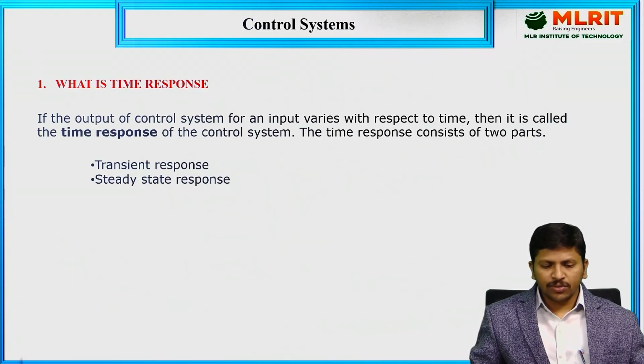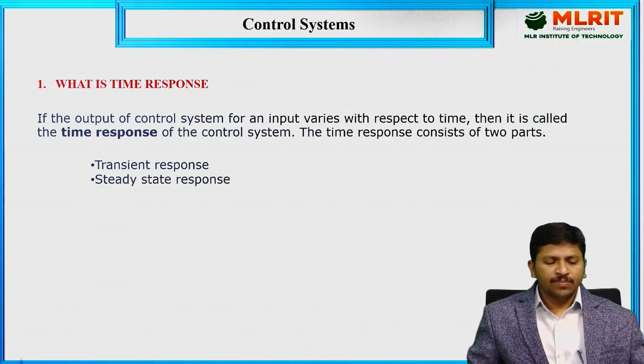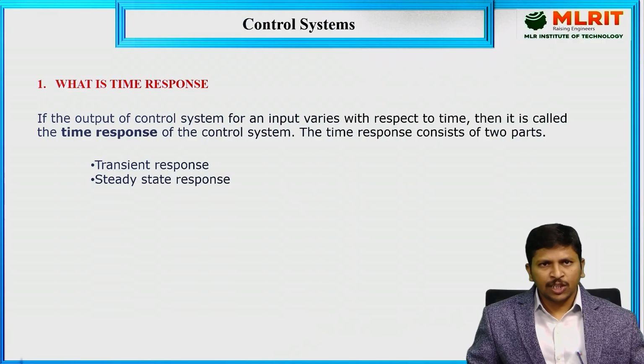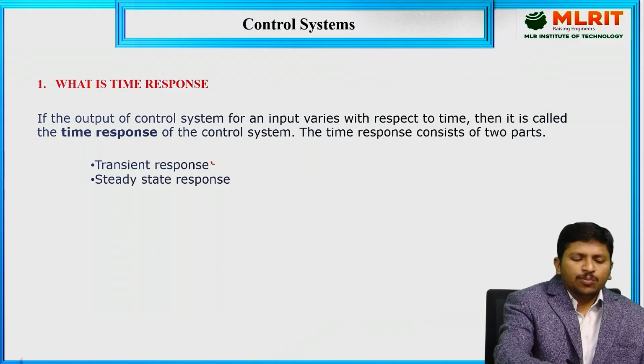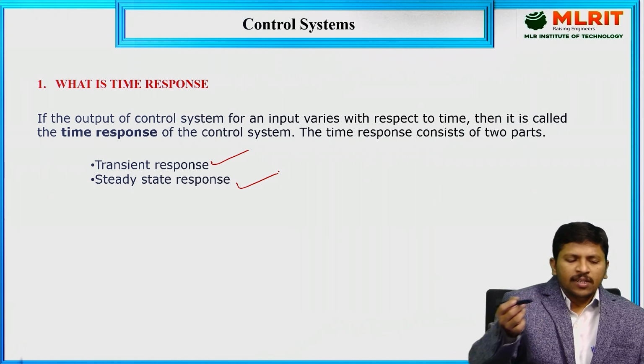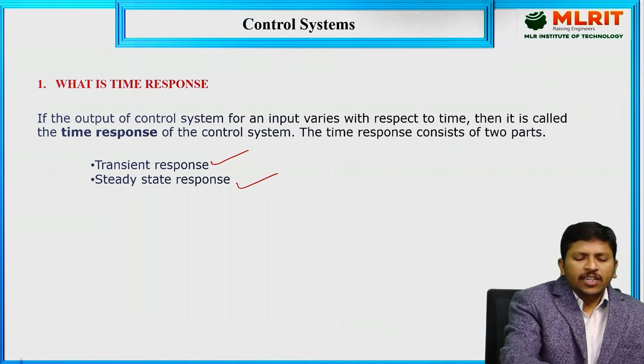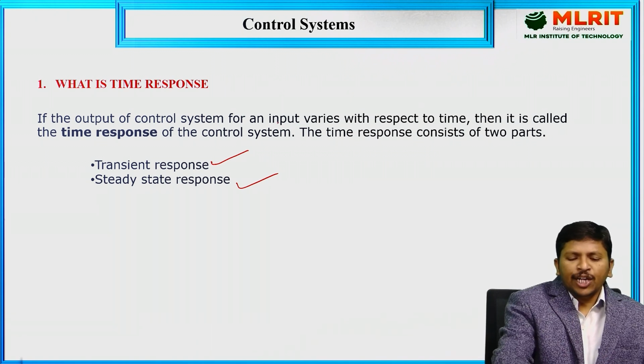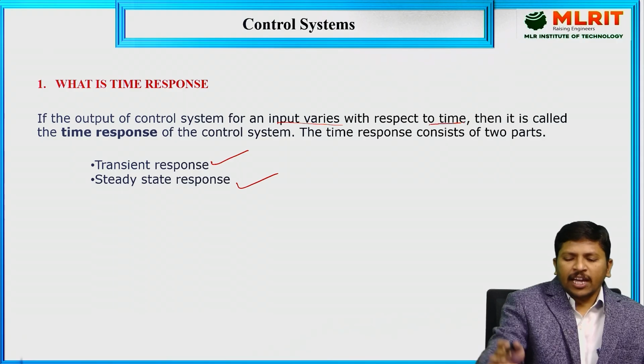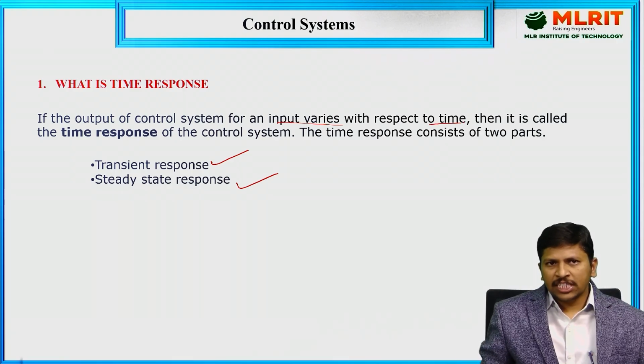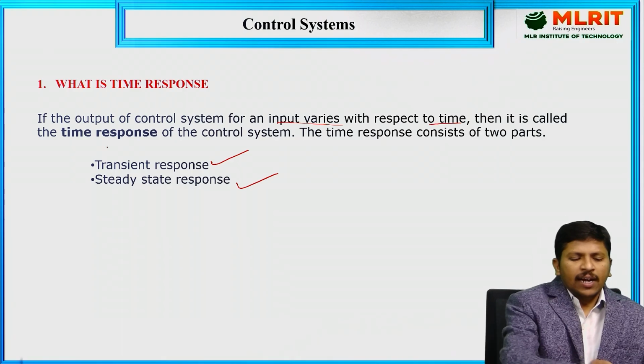Next, coming to the time response, there are two responses available: one is the transient response and the second one is the steady state response. If the output of a control system for an input varies with respect to time, then we call it the time response.